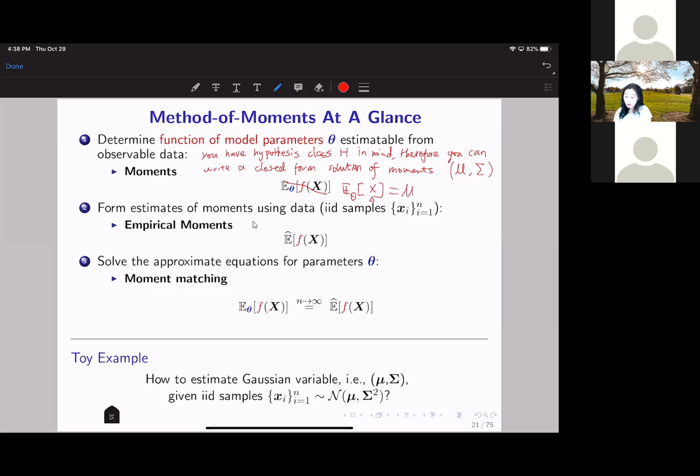Yes, it is just mu, correct? Although I don't know mu, I can write it out in closed form as a function of theta. Do you agree? Theta, of course, includes the mu and the sigma. Okay, so now this is good. Any questions? No? This is very important. I want to make sure everyone gets this because this is the most important slide from today's lecture.